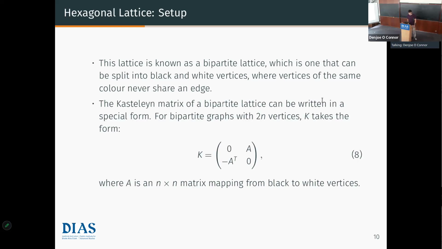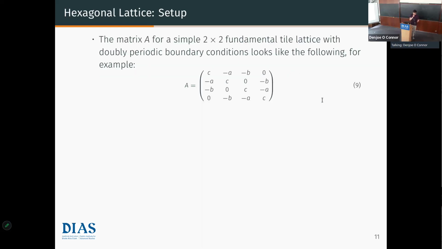The Kasteleyn matrix of a bipartite lattice can then be written in a special form, which is the following. So the A matrix here is an m by n matrix for a bipartite graph with 2n vertices, and the A matrix corresponds to mapping from black to white vertices, is how we've defined it here.